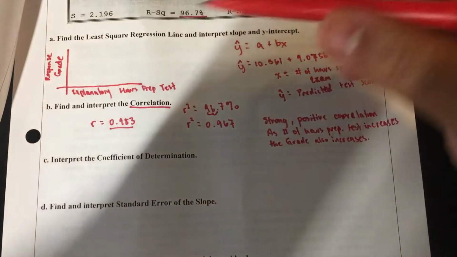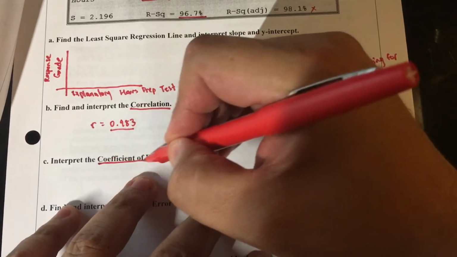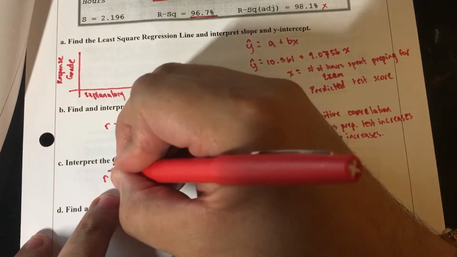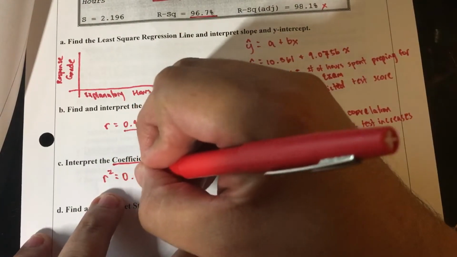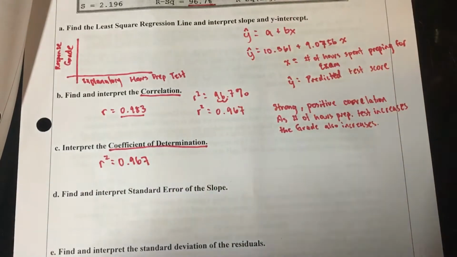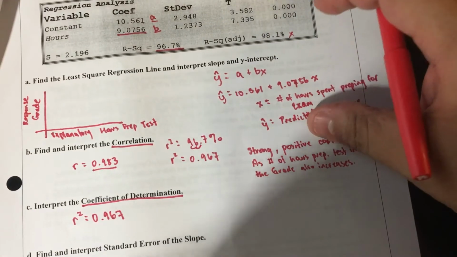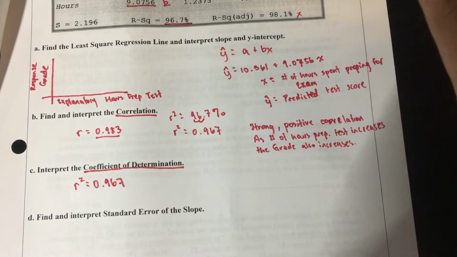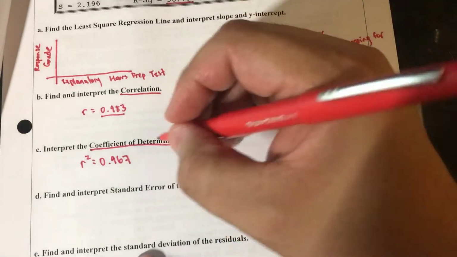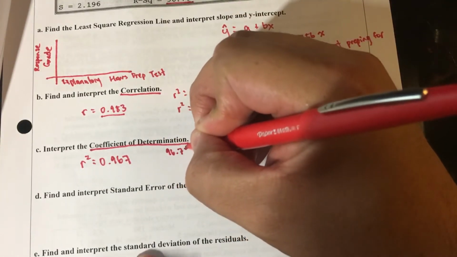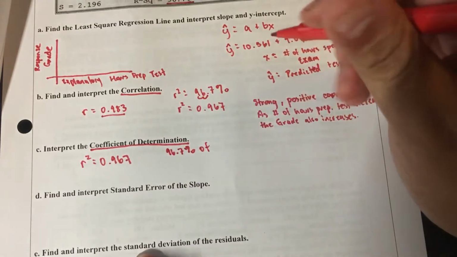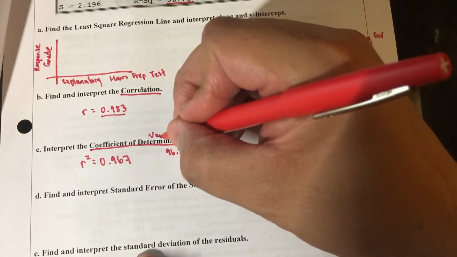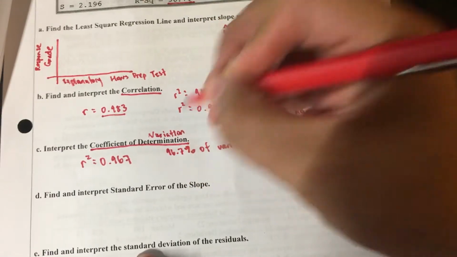Okay, and the last thing I'm going to go over here, interpret the coefficient of determination. So that is actually the r squared value, so I'm not going to do anything there. So 0.967, again, I'm not going over the whole problem with you all here. So what this is telling me is that 96.7% of the variation, again, this can say coefficient of determination or coefficient of variation.